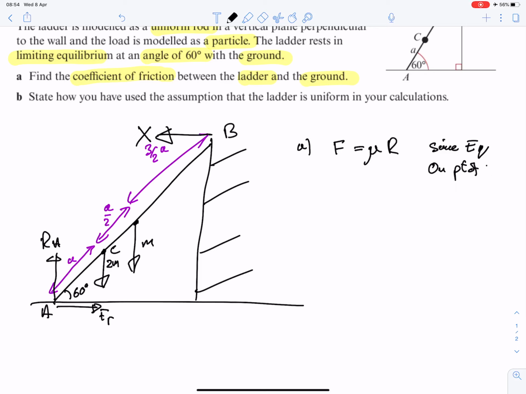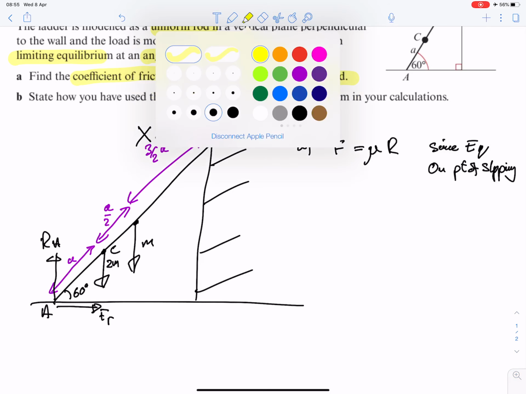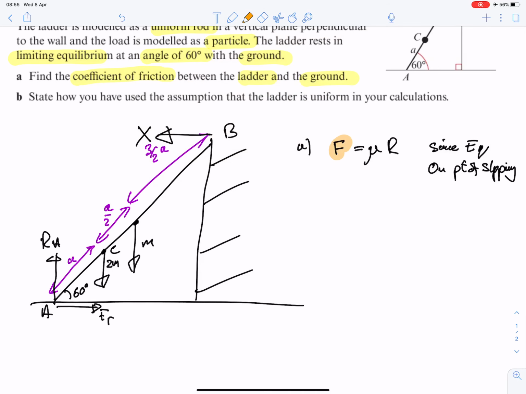So from A, friction is equal to mu R, since equilibrium on the point of slipping. Yeah, it's limiting equilibrium, it's on the point of sliding.